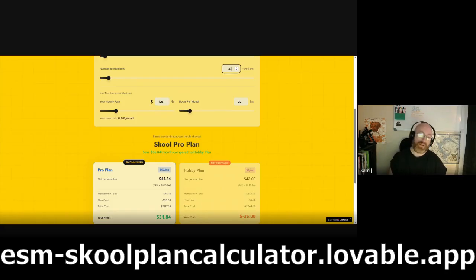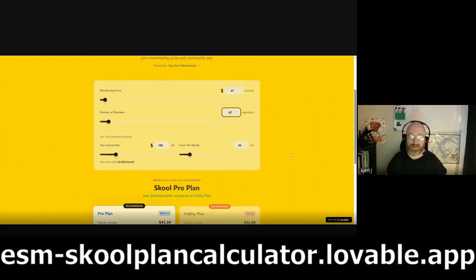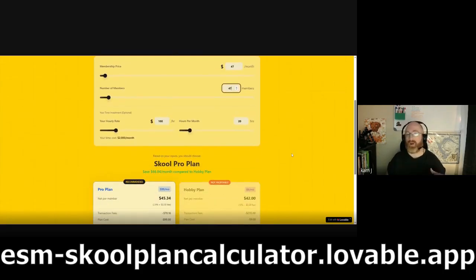So anyways, I just wanted to let you guys know about this little calculator I made. You can play around with it, and you can use it to figure out what you're looking at for your Skool community, what kind of goal you'd like to set, how long you think it's going to take you to get there, and what the goal needs to look like for you to do it viably.